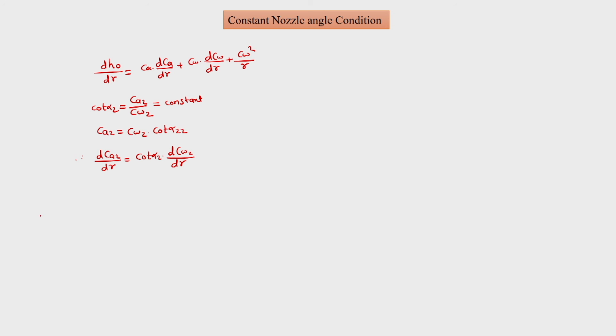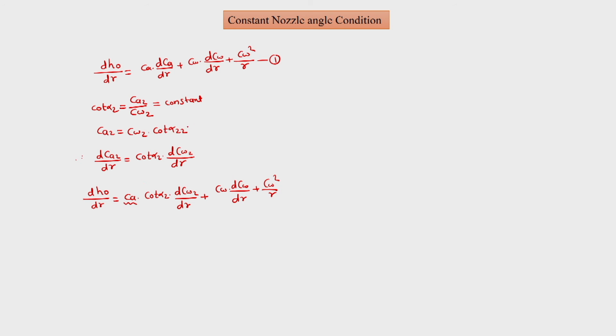Okay. Then we can use this term in equation number 1. So we would have dH0 by dr. This expression we had earlier proved in case of the axial compressor. So Ca into cot alpha 2 into dCw2 by dr plus Cw into dCw by dr plus Cw square upon r.